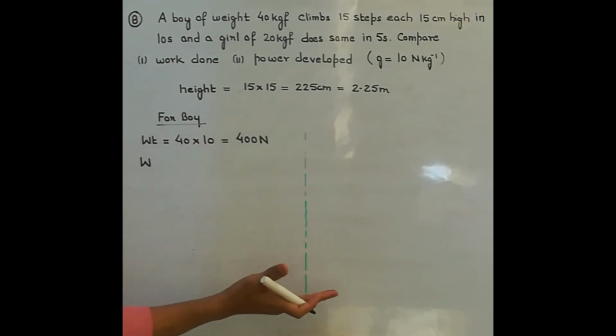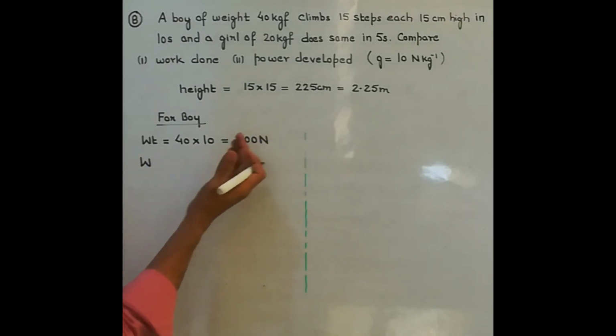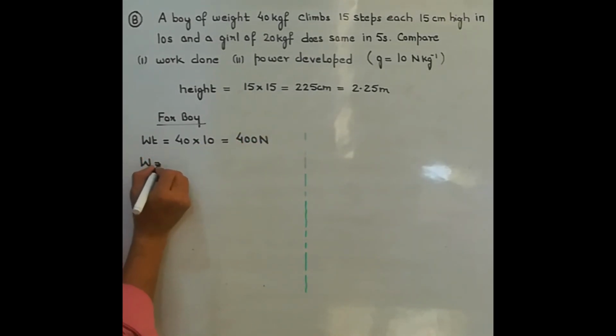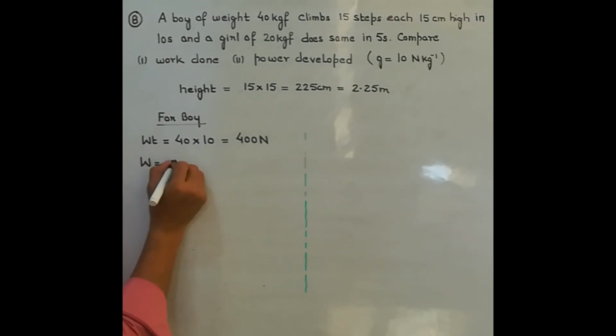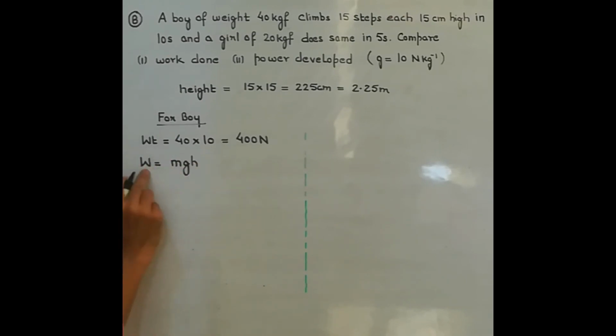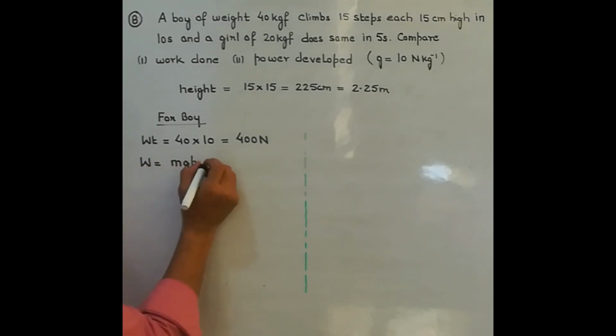Now let us calculate the work done by him. As the boy is moving in the upward direction, he is going against gravity, so he is working against gravity. Work against gravity is mgh, where mg is known as the weight.